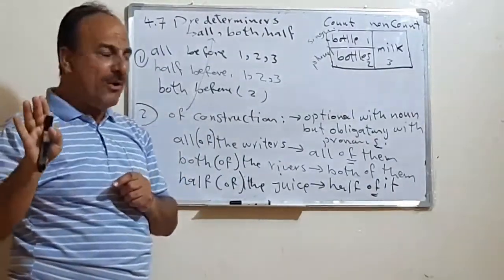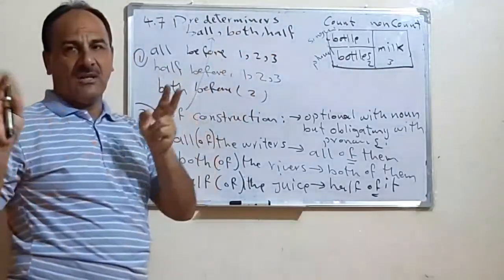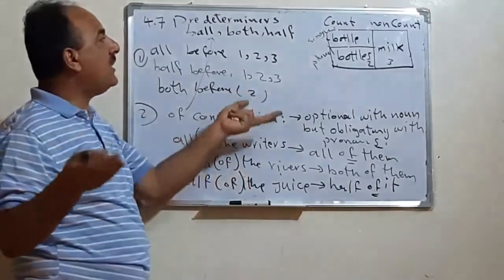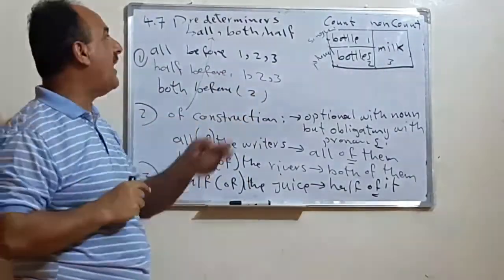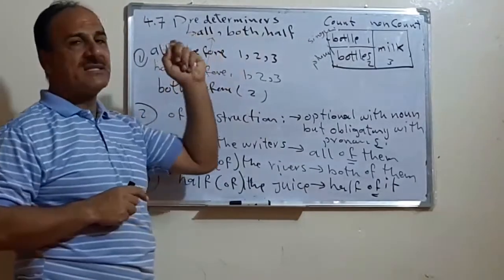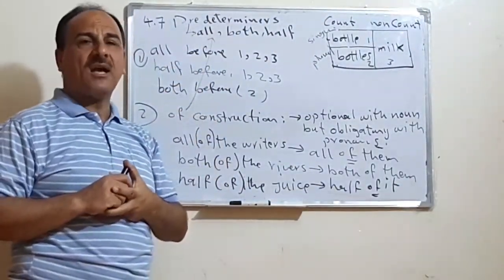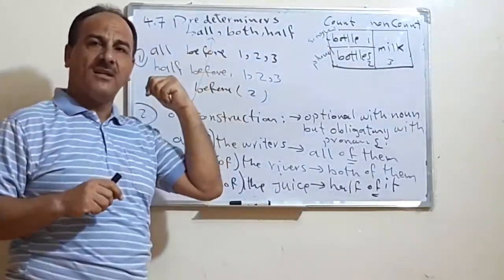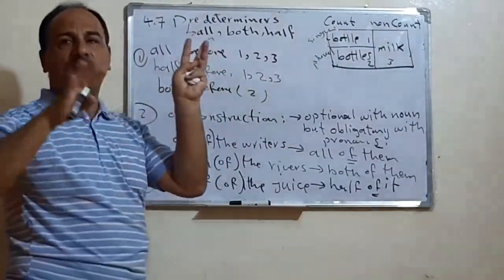Also with half, if we mention half of something, we can remove the noun and replace it only with half. Also with all, instead of saying farmers are working hard, we can say all are working hard, deleting farmers.